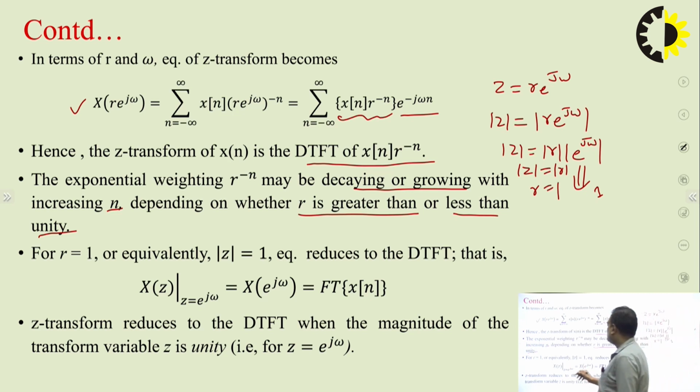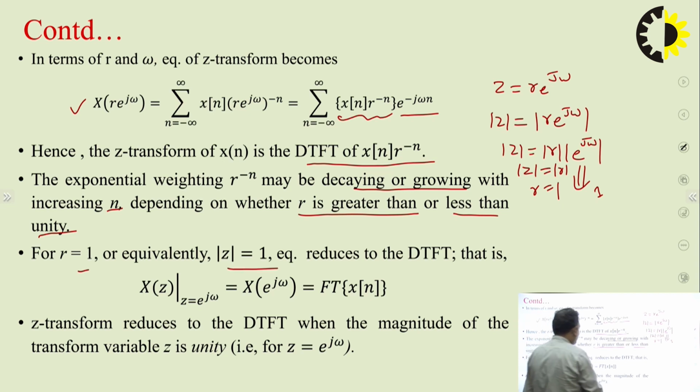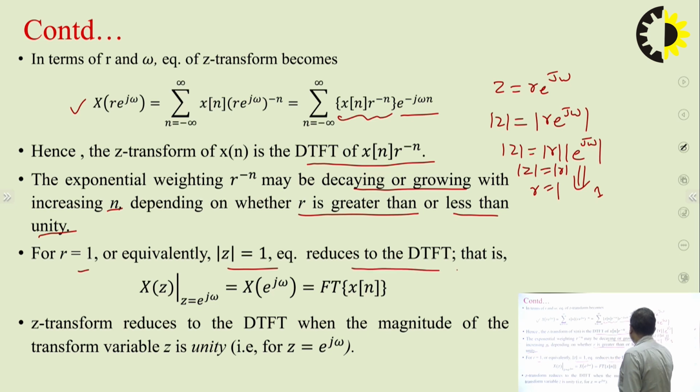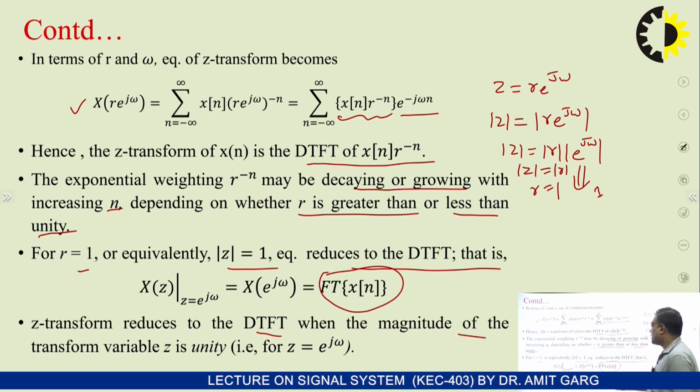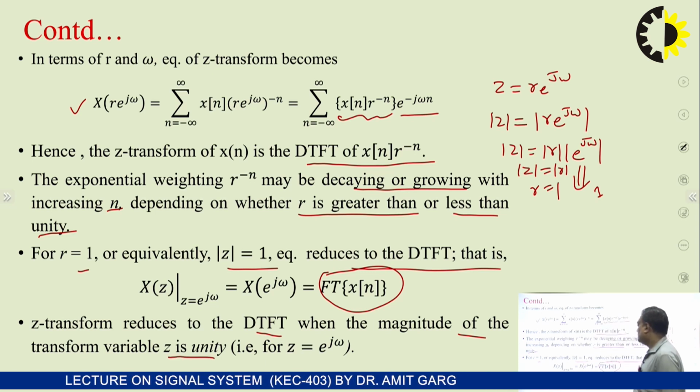So for r equals 1, or mod z equals 1, this equation reduces to the DTFT, that is X(z) at z equals e to the power j omega, because the r value is 1. So this will become X(e to the power j omega), and this is nothing but the Fourier transform of the signal x[n]. So you can say the z transform reduces to the DTFT when the magnitude of the transform variable z is unity, that is for z equals e to the power j omega.